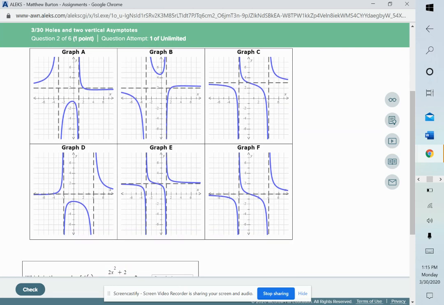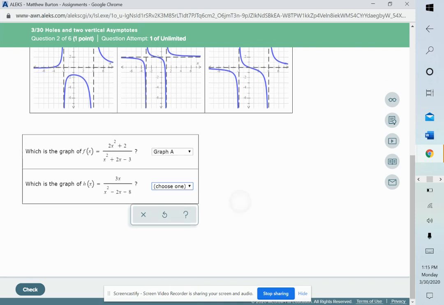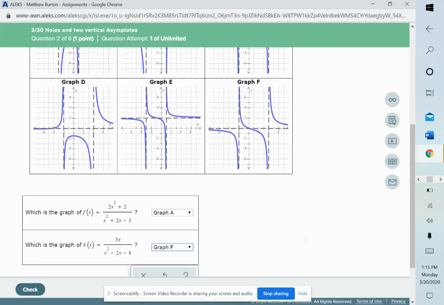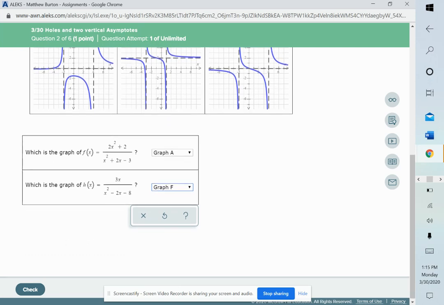So the one that has the horizontal asymptote of 0, the x-intercept of 0, and the vertical asymptotes at -2 and 4 is F. Okay. And then we just check that. We're good.